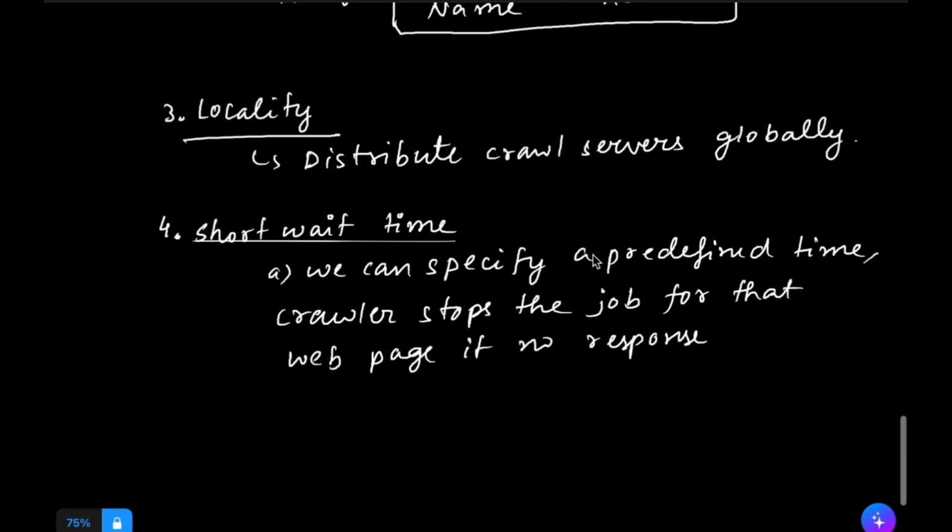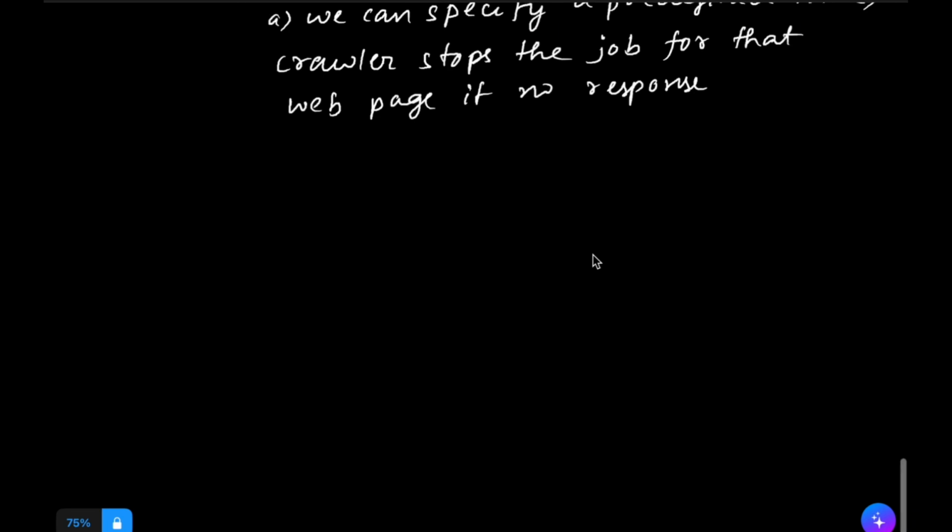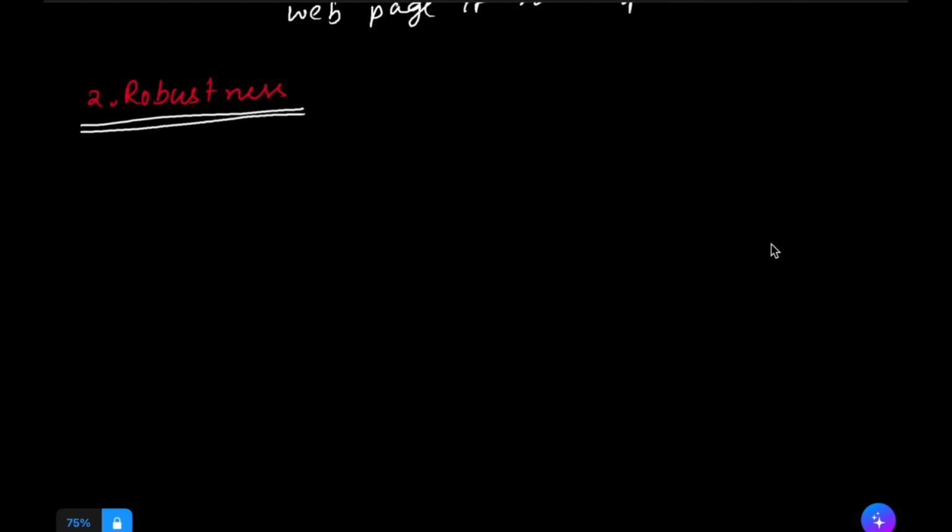In the next section we'll be looking at robustness. As the name suggests, how can we maintain a highly scalable, highly available web crawler system? For that, the first thing we can use is consistent hashing.